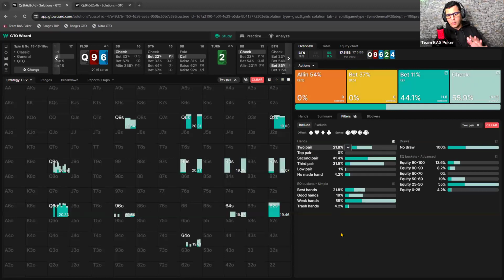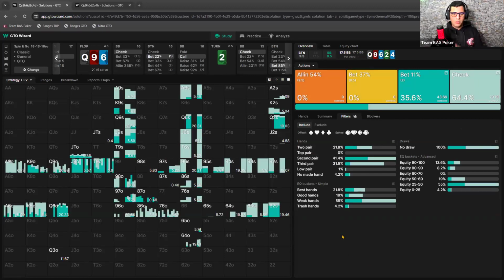So you can see that GTO is going with this one sizing with his whole range, combining no made hand and hands that are very weak, like the third pair and some of our second pair, and also it gives him the opportunity to get some value for his two pairs.